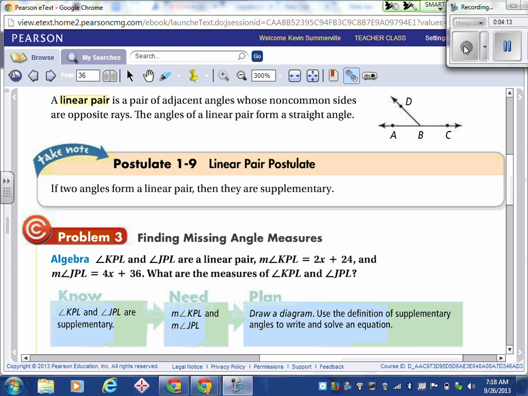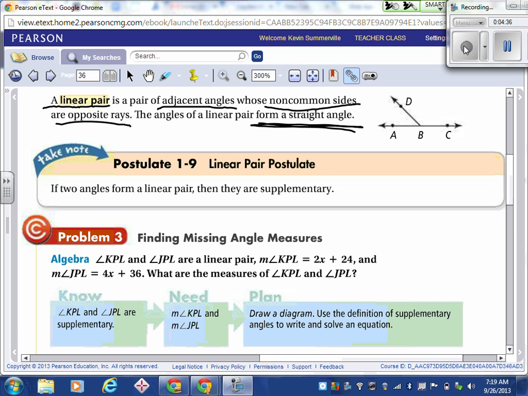Key term I want you to make sure you understand and write down: a linear pair. A linear pair is a pair of adjacent angles whose non-common sides are opposite rays. The angles of a linear pair form a straight angle.